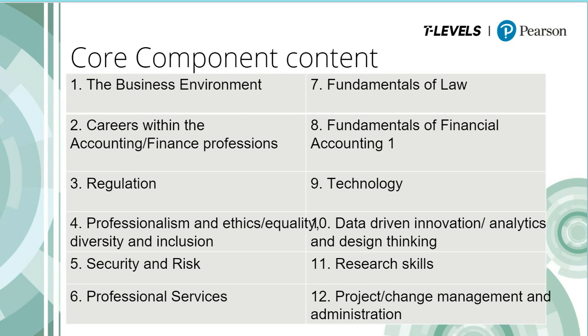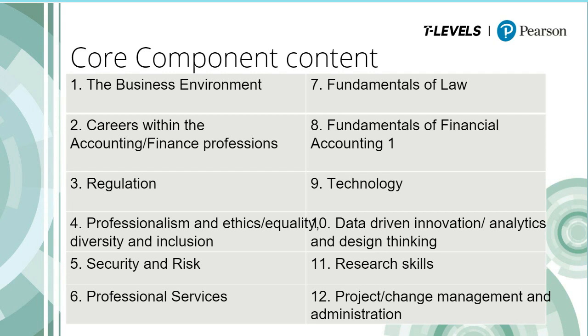Element 4 is broadly the same, just with different contexts: different contexts in finance, different contexts in accounting. Element 5, security and risk, content's the same for each, but there is some additional content of threats to compliance and fraud prevention strategy for accounting.